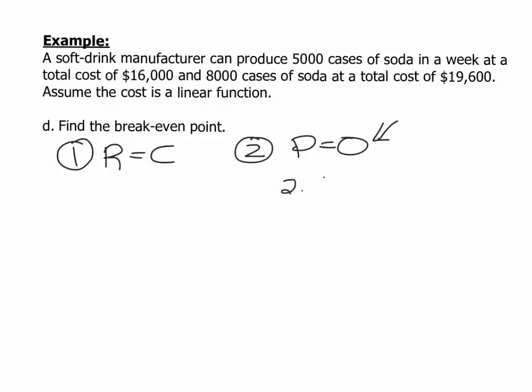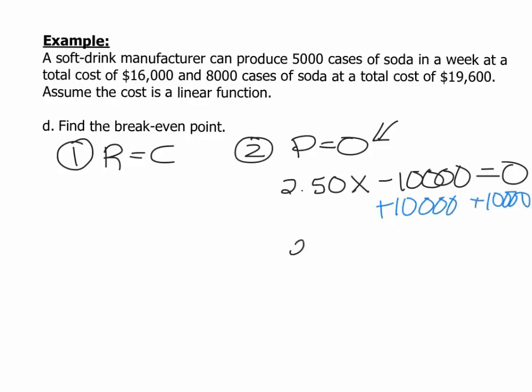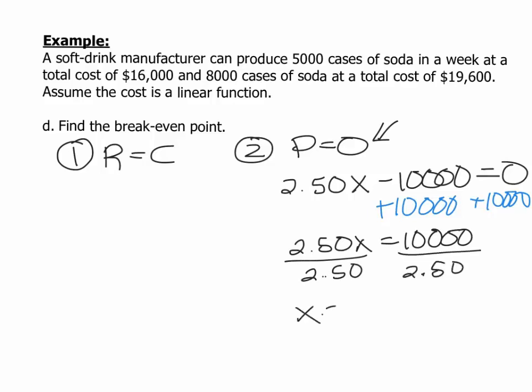We know that 2.50x minus 10,000, this is my profit function. Set that equal to 0. I need to add 10,000 to both sides, and I get 2.50x equals 10,000. Divide by 2.50, and I get x equals 4,000.